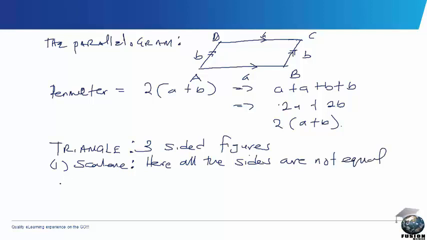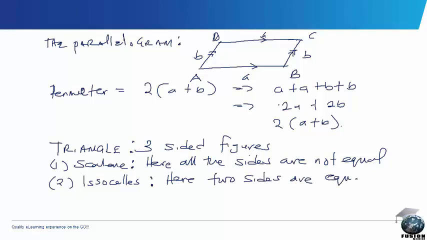And the second type of triangle we have is the isosceles triangle. Here you find out that two sides of the triangle are equal. And then the third type of triangle we have is the equilateral triangle. This is classifying them according to sides.